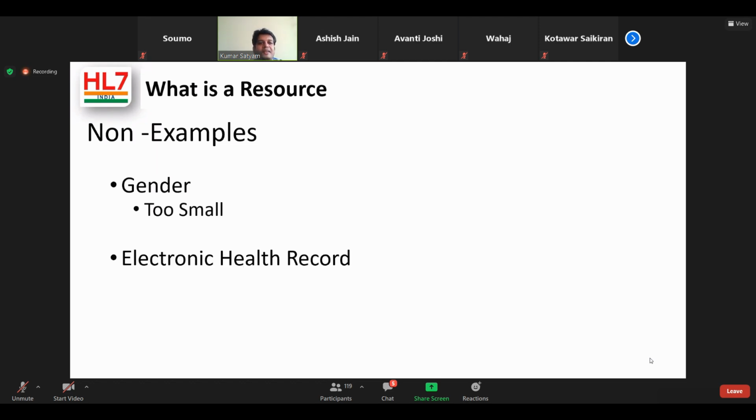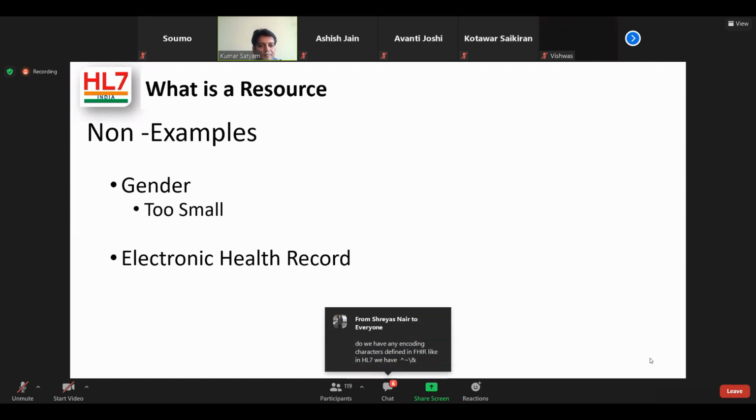Now, okay, if gender is too small, what about electronic health record? What happens with electronic health record is that it is too vast. It encompasses everything, right? And as we say, the definition of a resource is that it can be operated fairly in a standalone manner, and it can be addressable on the server, right?